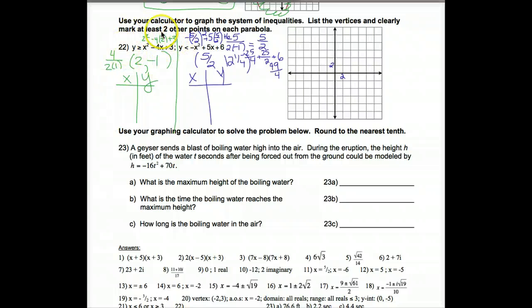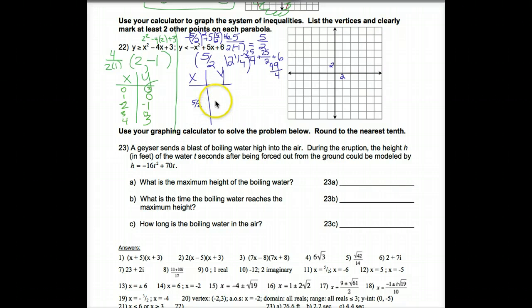So on this one here, when we're looking at that chart, and of course our vertex again is at (2, -1). So if I look around that point there in my graphing calculator, the other points are (1, 0), (0, 3). Over here I've got (3, 0), (4, 3). On my second parabola, again, I know where my vertex is.